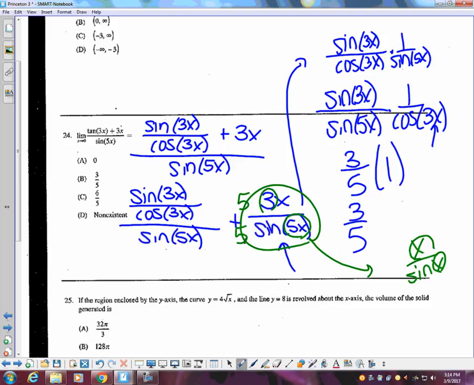I'm going to pull the 3 out and let him chill and put the 5 in. It's all multiplication. I mean, I can write it any order I want to. So this becomes this. Look. Y'all see what I did? Right? It makes sense.